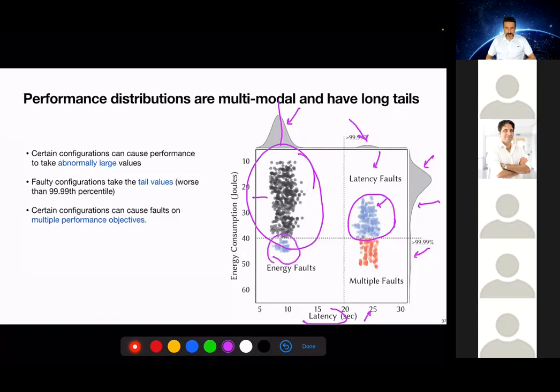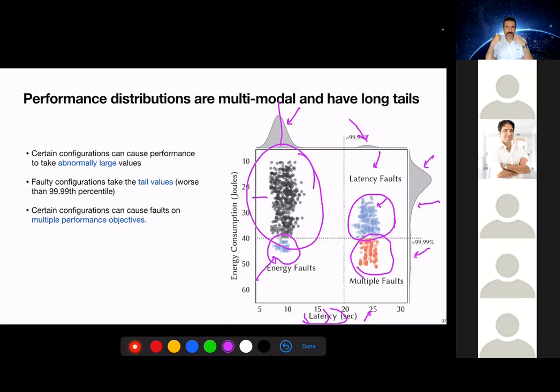These other configurations are doing okay with respect to latency, but on the other hand, they're located in a part of the space that performs poorly with respect to energy consumption. And we have a considerable number of configurations that are doing very badly with respect to both objectives.